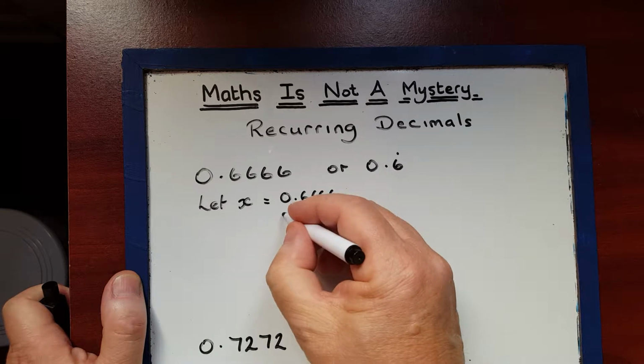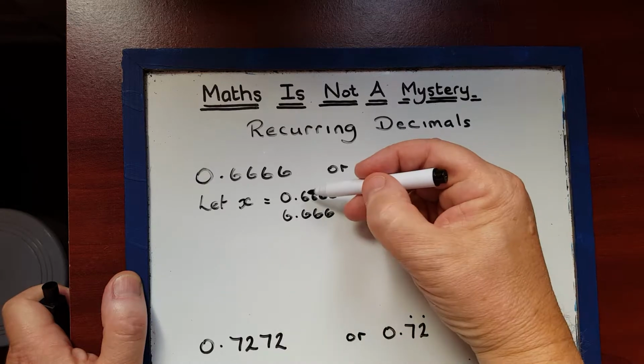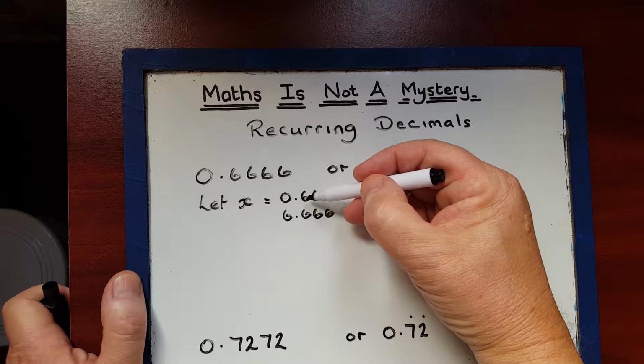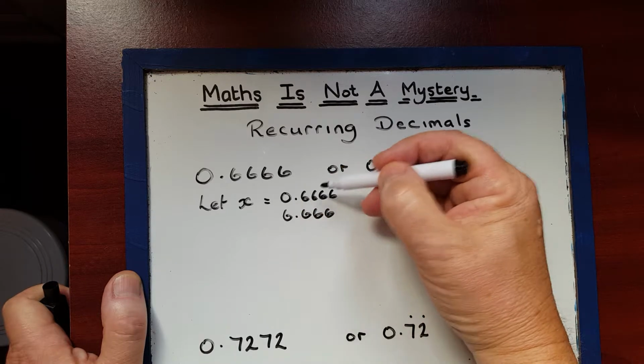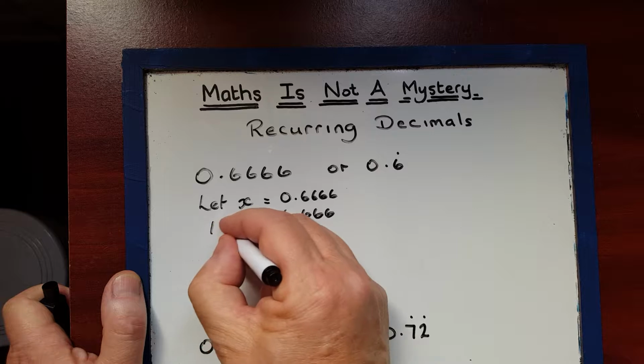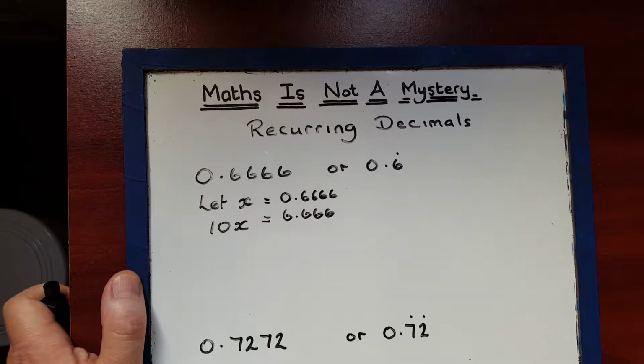Now, the easiest way to do that would be to multiply it by 10. If we multiply it by 10, we move that 6 over there. The other 6s still carry on being decimals. So 10x, 10 lots of x, is 6.666.